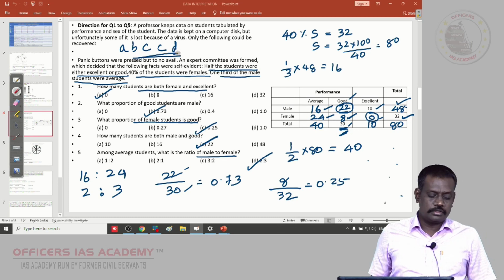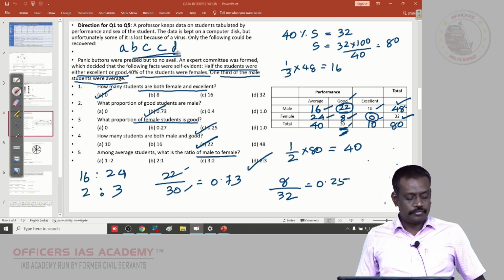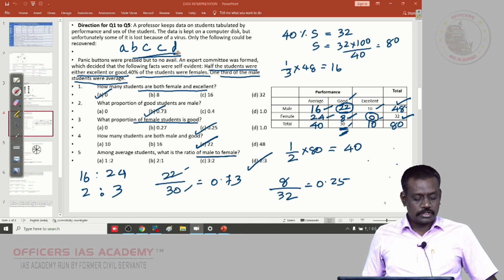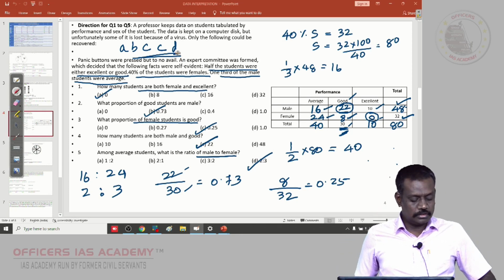Okay, very good Tejaswini, good mom. Okay, others understood, right? Sai, you are clear?